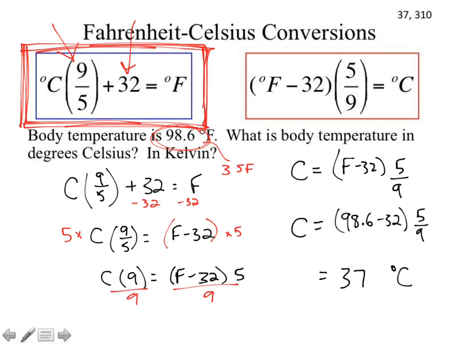If we're going to subtract 32, where do we hold our least accurate value? So we've got a subtraction here. Where do I hold the decimal? How many sig figs in the calculation after that? 2. Why 2?